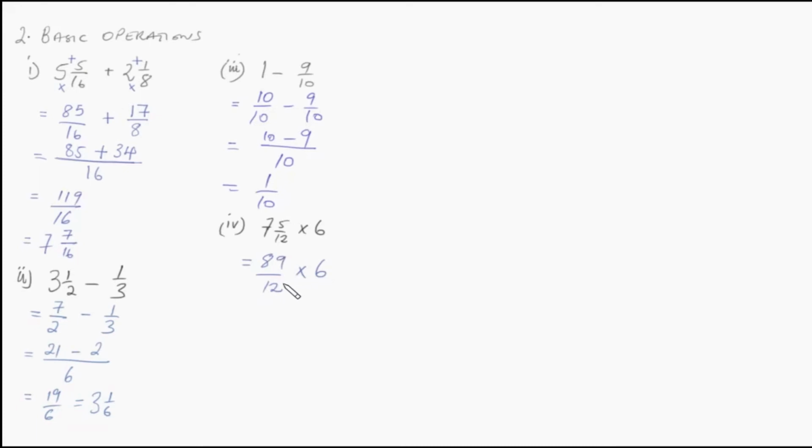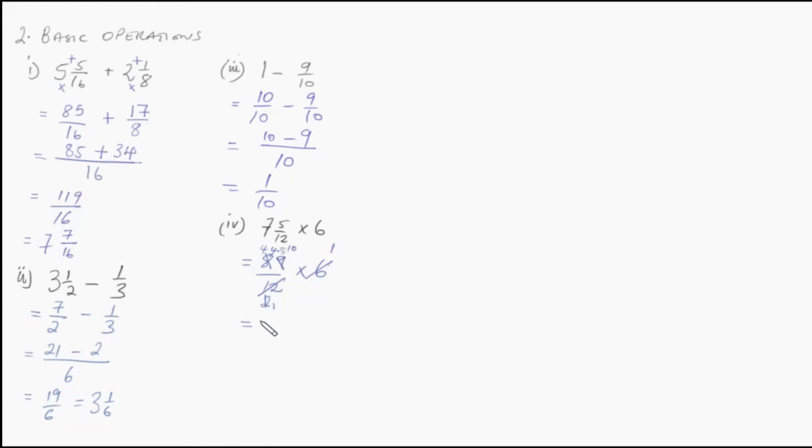So what we do here is say, 6 into 6 goes once, 6 into 12 goes 2 times. So we have 89 divided by 2. 2 goes once in here. In 8, it goes 4 times. In 9, it goes 4 times and leaves 1. In 1 it doesn't go, so we put a point here and put a 0 here. 2 into 10 goes 5 times.